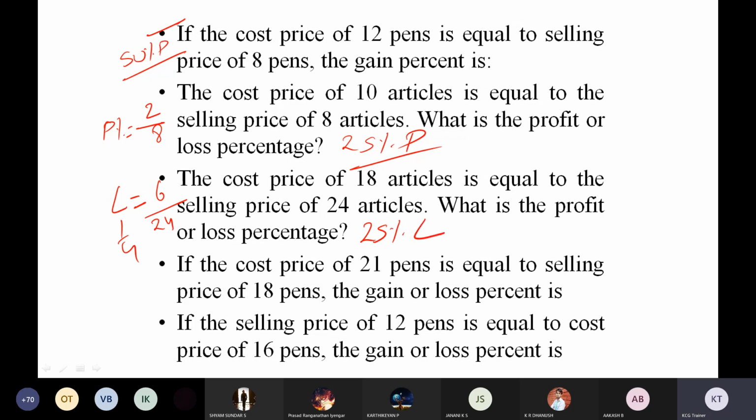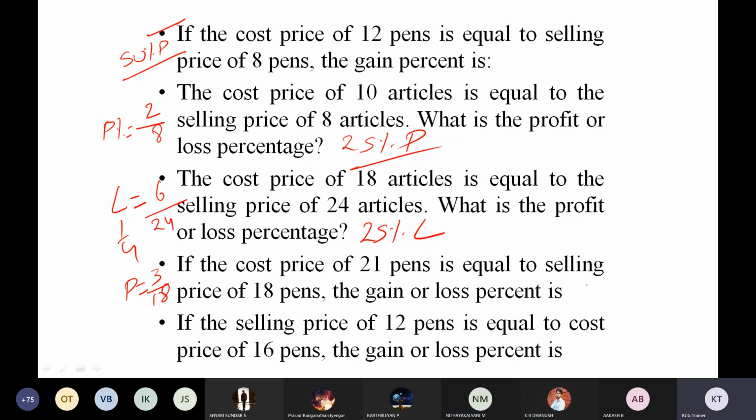Same concept. Fourth, cost price of 21 pens equal to selling price of 18 pens. Now you tell me, what is the answer for this question? Profit or loss? Profit, sir. What will come in numerator? 3 by 18.